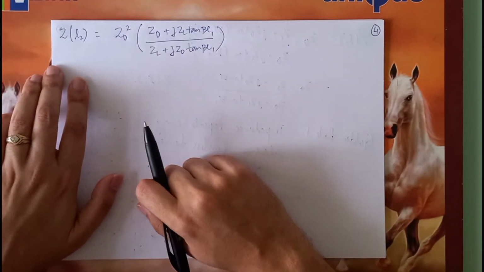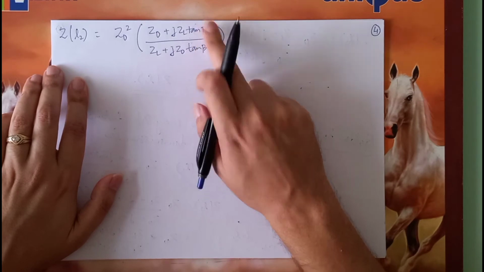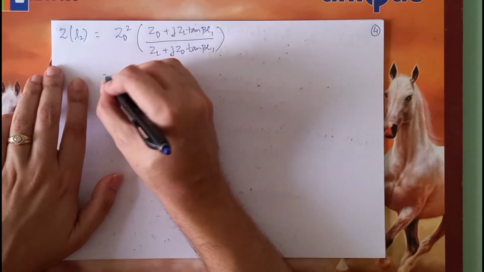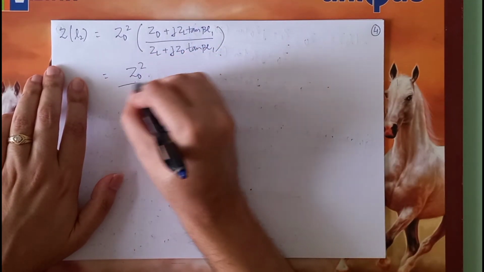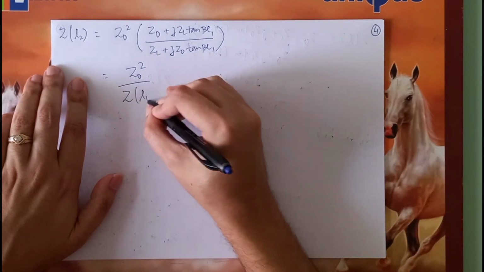Does this look familiar? Yes, it is 1 by Z of L1. So this is Z0 square divided by Z of L1.